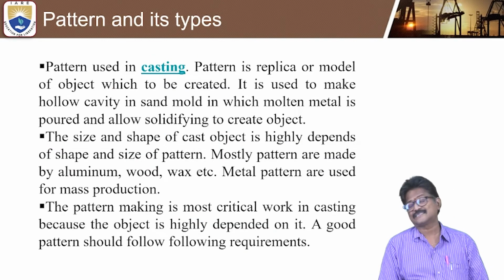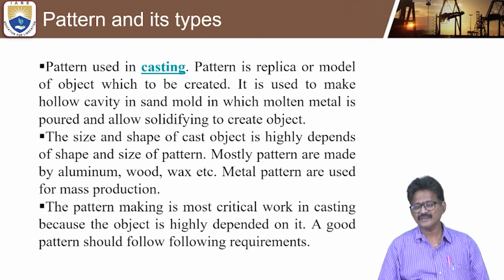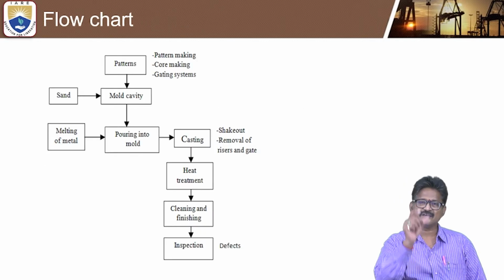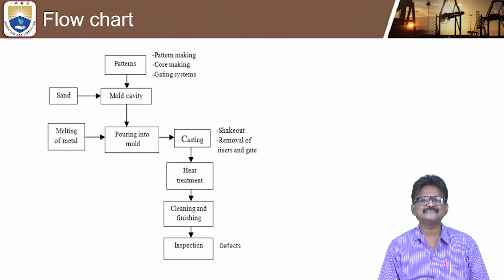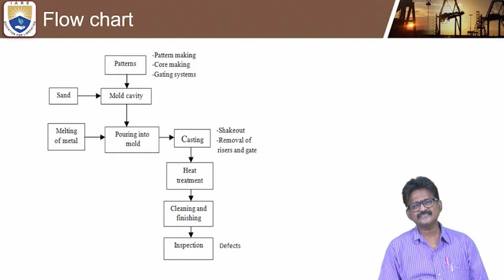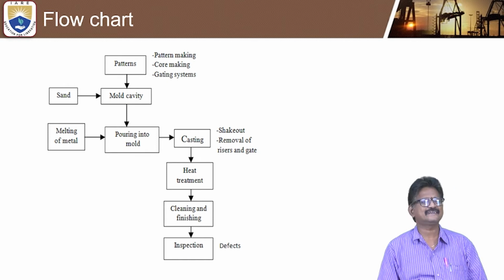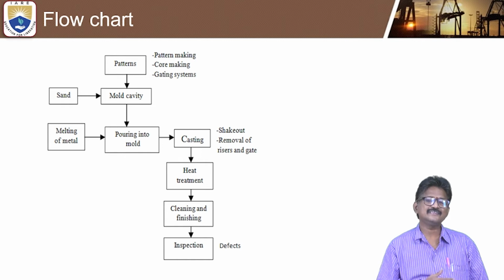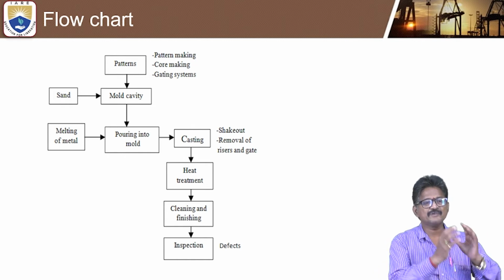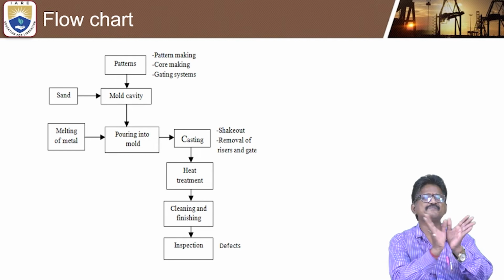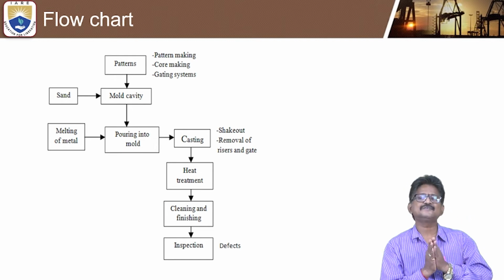Okay, look at pattern and its types. As we have discussed in the flowchart of metal casting or sand casting, the first and foremost important thing is the pattern. I hope everybody knows about patterns: in Ganesh Chaturthi or Vinayaka Chaturthi, people make the Ganesh idol with the casting process only.